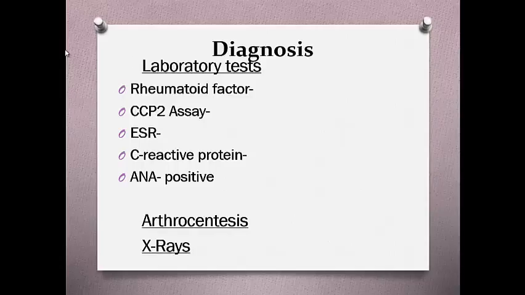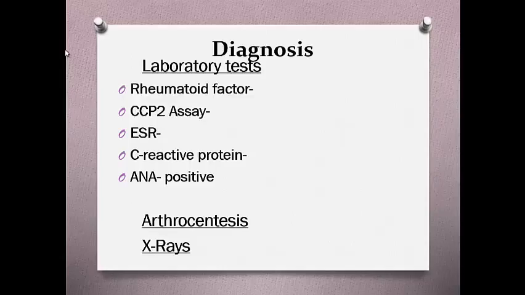So again, we're looking at the cluster of lab tests. The SED rate, the ESR, the CRP, and the ANA can all be positive with lupus as well. So again, like I talked about, the CCP2 assay really helps try to differentiate if we're talking about rheumatoid arthritis, as well as the symptoms the patient's experiencing.